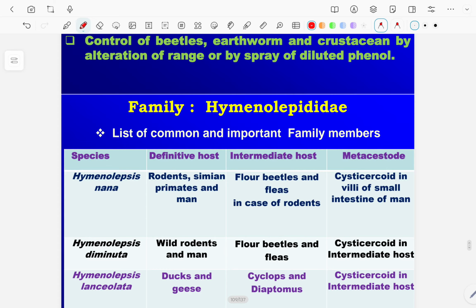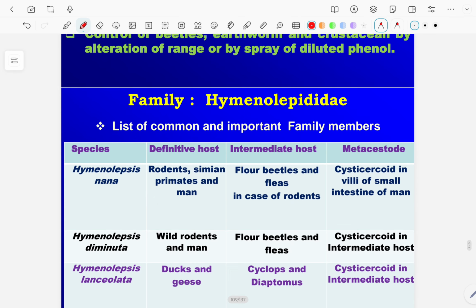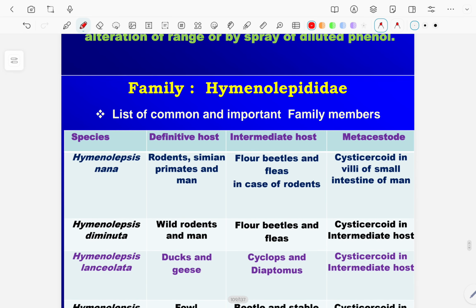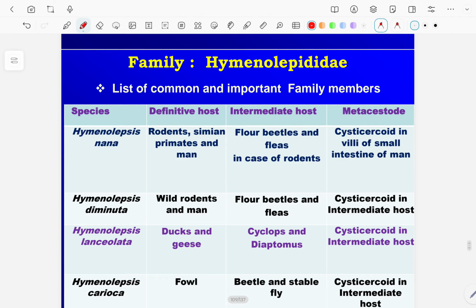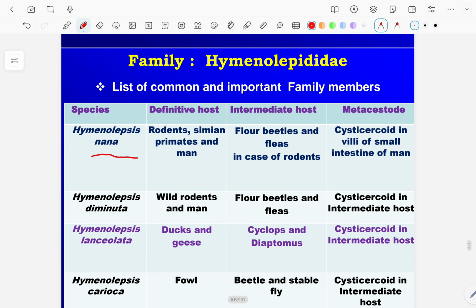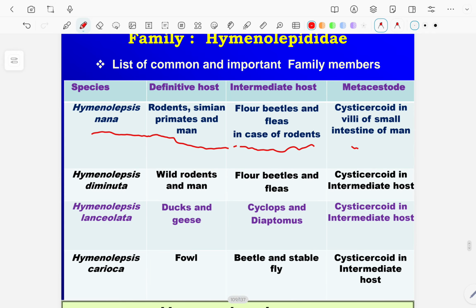Family Hymenolepididae. List of common and important family member species. Hymenolepis nana: definitive host rodent, simian, primate, and man; intermediate host flour beetle and flea in case of rodent; metacestode, cysticercoid in villi of small intestine of man.